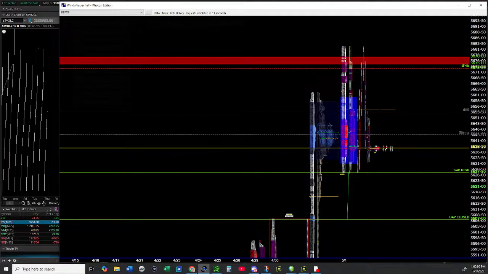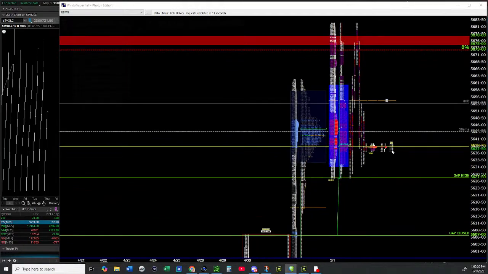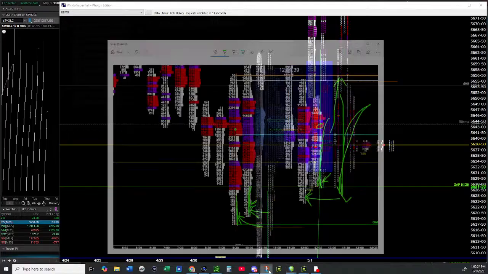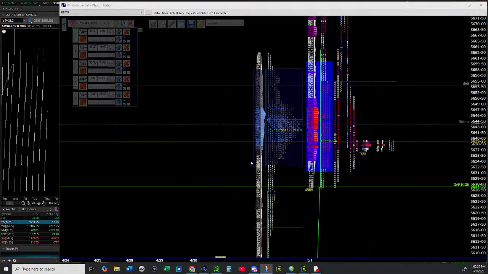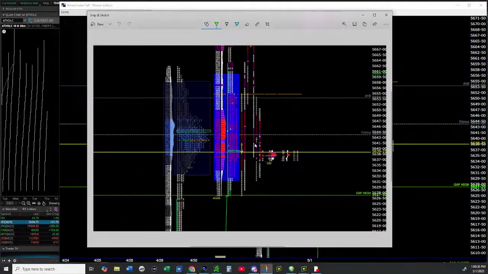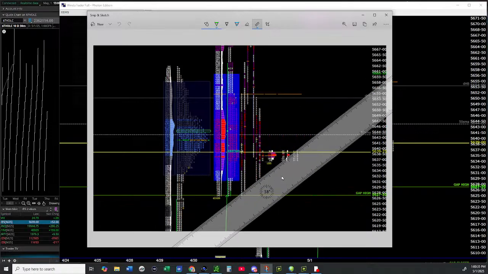But I am not looking to the downside. No, but I don't want to be long in this market, not with this kind of lows here. Anything can happen here. If I'm going to take a long, I have to understand what the risk is, right? And this is very visible now.